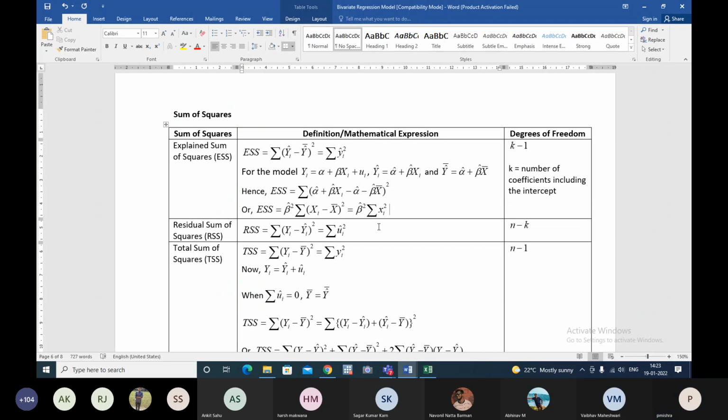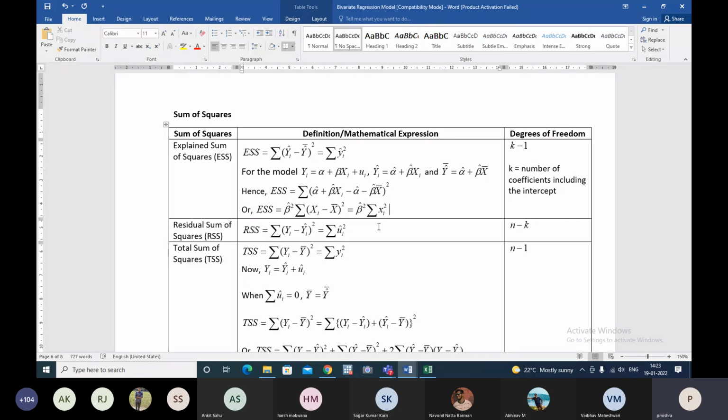Now, in one of the classes, graphically, I had shown that the total sum of squares can be decomposed into two components. One is the explained part.